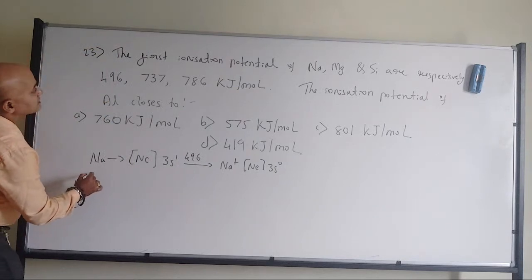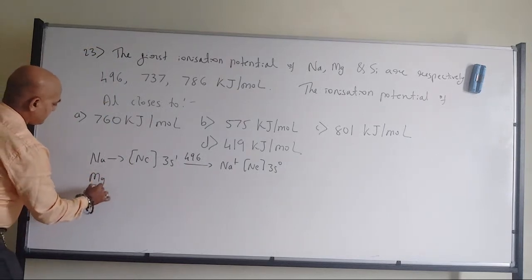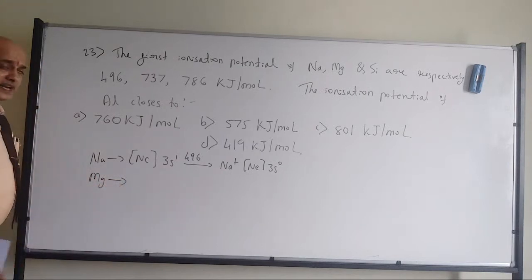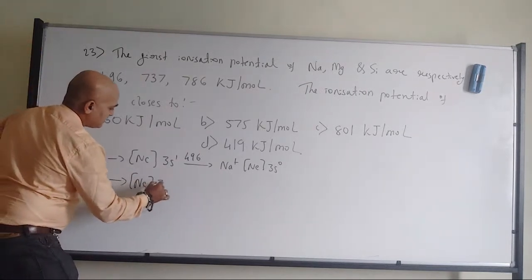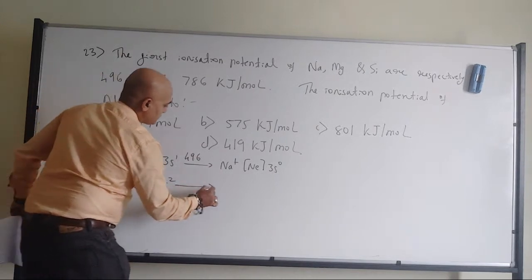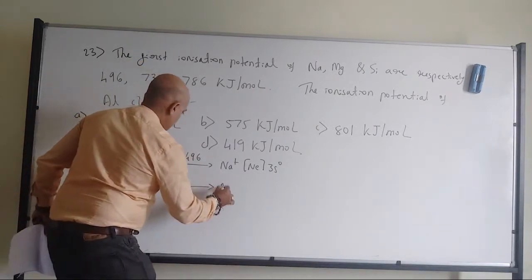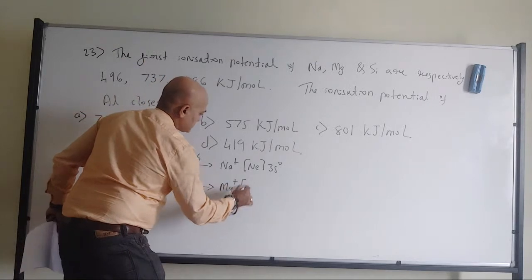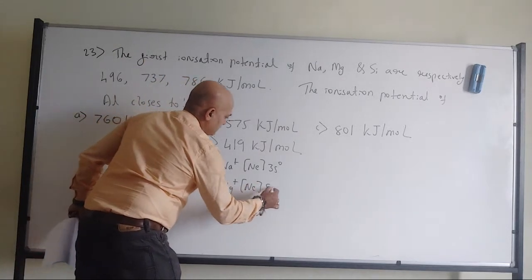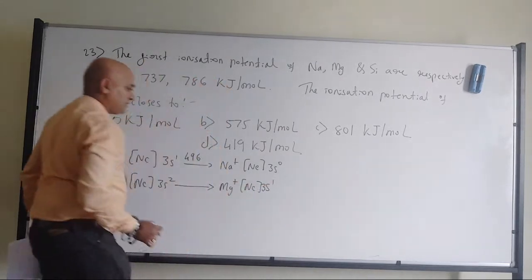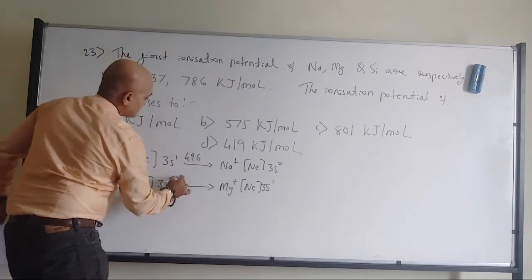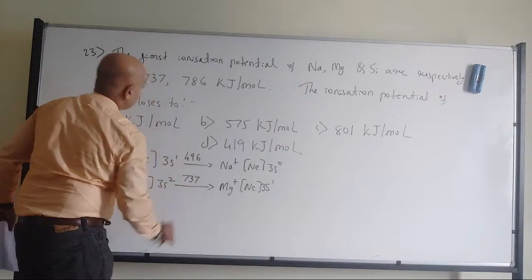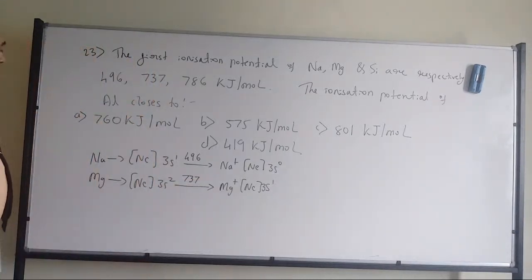Another element is magnesium, neon 3s2. It becomes magnesium plus, and the electronic configuration becomes 3s1. So once again it is from the s subshell only. So here it will be 737 kilojoules per mole.